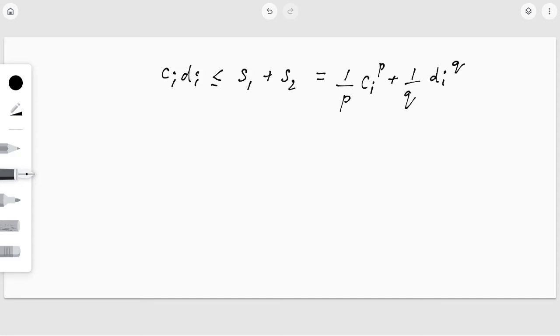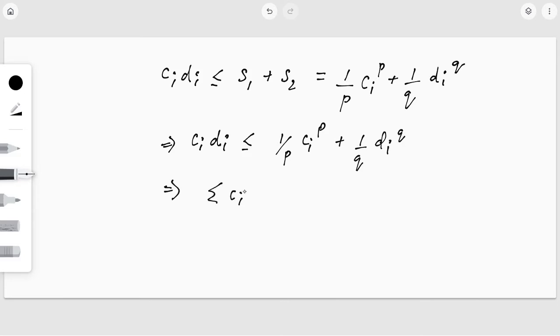So we obtained that Ci into Di is less than or equal to 1 by P Ci raised to P plus 1 by Q Di raised to Q.